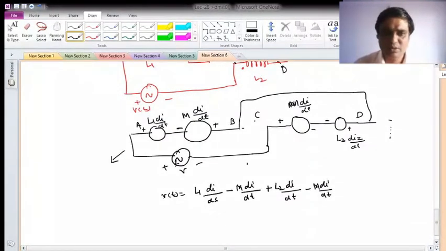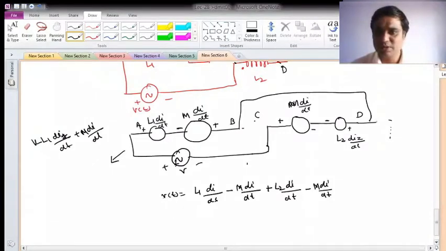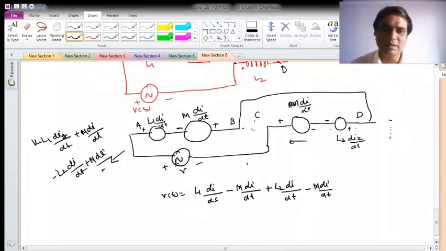Basically, how to write that is all the addition of the voltages according to KVL. This is voltage rise, this is voltage drop, so it will be minus L1 di1 by dt. This is rise, so it will be plus M di by dt, not I1, I is the same. Here it is the drop, so it will be minus L2 di by dt, and here it will be voltage rise, so it will be plus M di by dt, right?